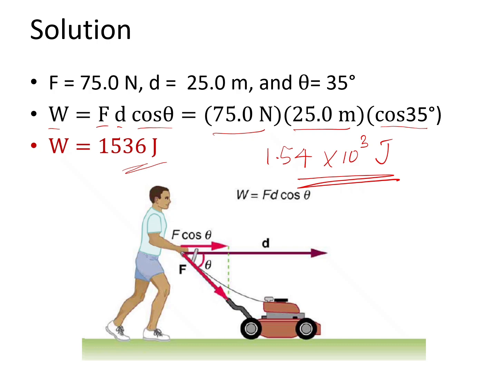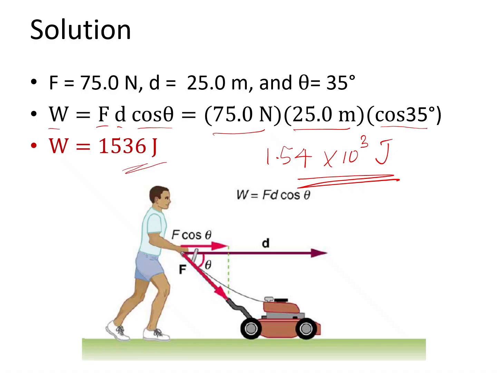Because theta is 35 degrees, cosine theta is less than 1, so the work is less than F times d. Also notice that the work is positive. The forward component of the person's force points in the same direction as the displacement.